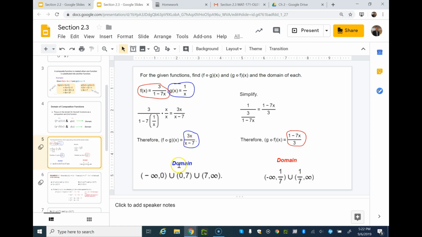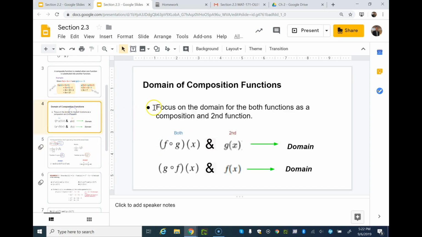Now we're trying to find the domain. One of the ways to find the domain is to make sure we focus on the domain of both functions. For instance, if I need to find the domain of f of g, I need to find the domain of the composite after we do the math, and I have to combine it with the domain of g of x.